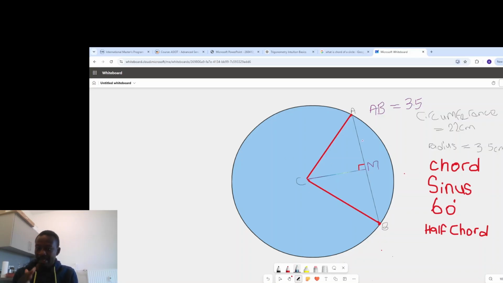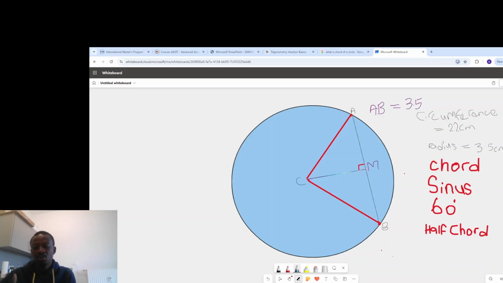And the second important thing I want to explain is, so now we want to know the position of point A with respect to the radius, the center. So we want to know the vertical movement of A from this radius, the center point.